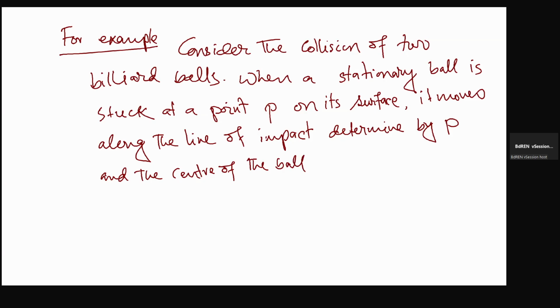Look here, let's say this is a billiard ball, and it is struck by another ball along this direction.